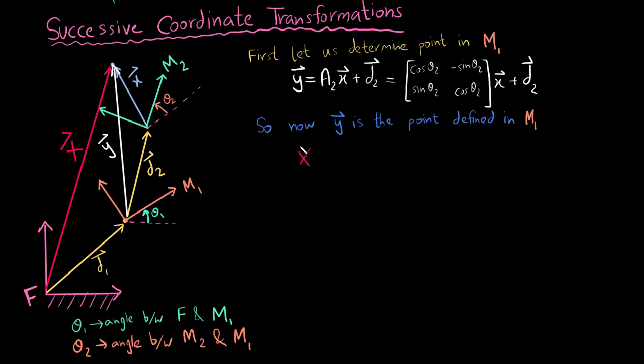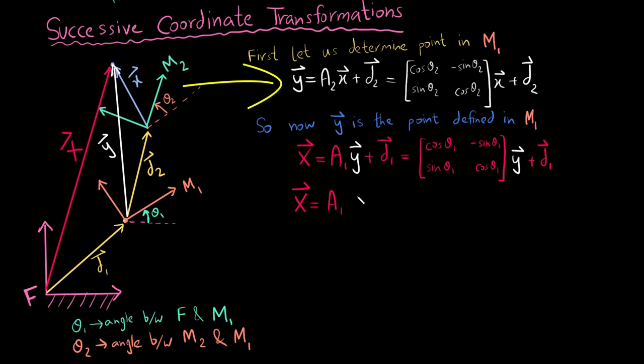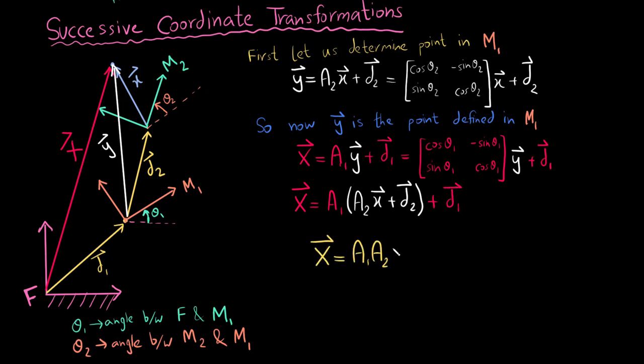So I again use the same formula, which turns out to be A1y plus d1. Here the angle is theta 1 and the displacement vector is d1. Now instead of y, I input this equation, and simplifying it further, I get the following. Big X equals A1A2x plus A1d2 plus d1.